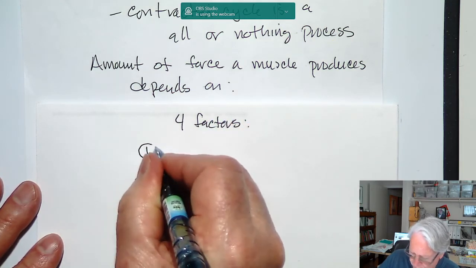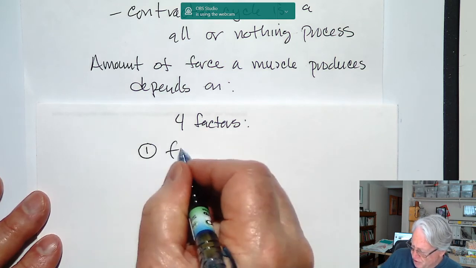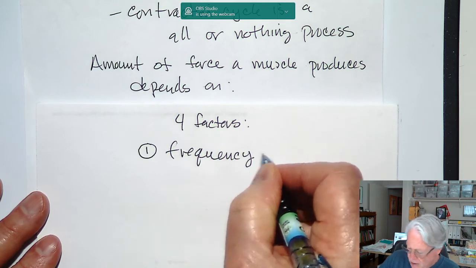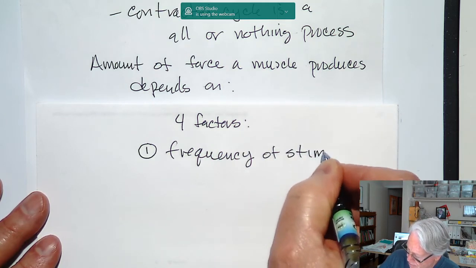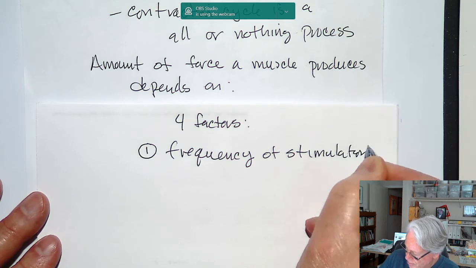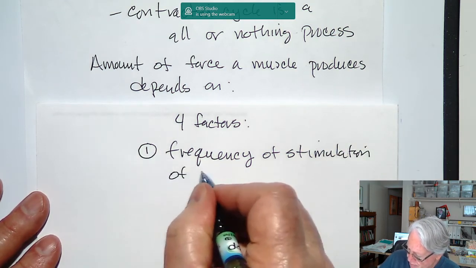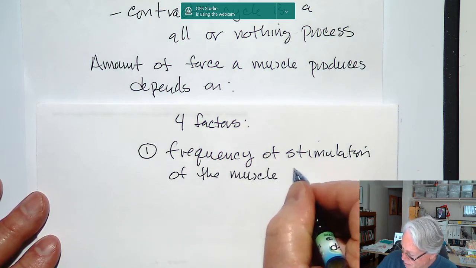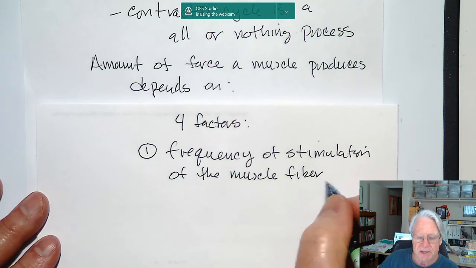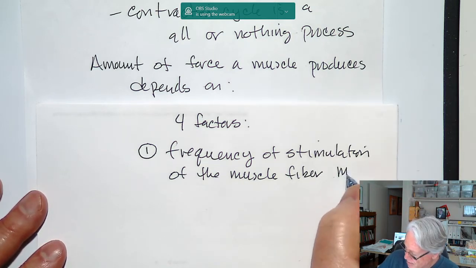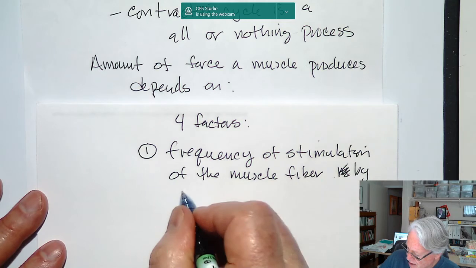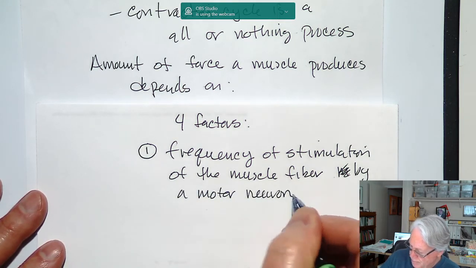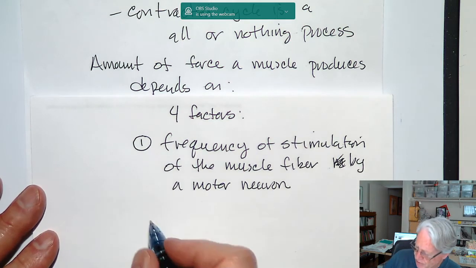One, frequency of stimulation of the muscle fiber, read cell, muscle fiber, by a motor neuron. That's one aspect. It's one of the factors.